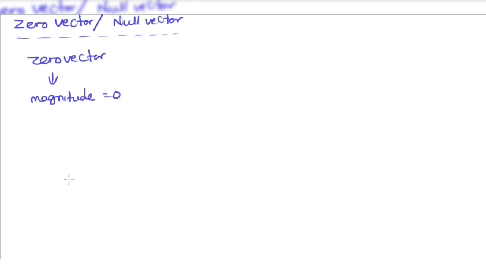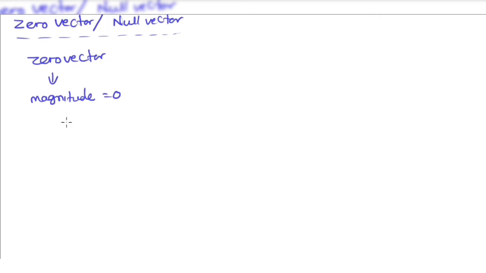And if the magnitude is 0, it means when we represent the zero vector or null vector diagrammatically, we cannot draw a line, because we know that the length of the line represents the magnitude of the vector. If the magnitude is 0, then the length will also be 0.